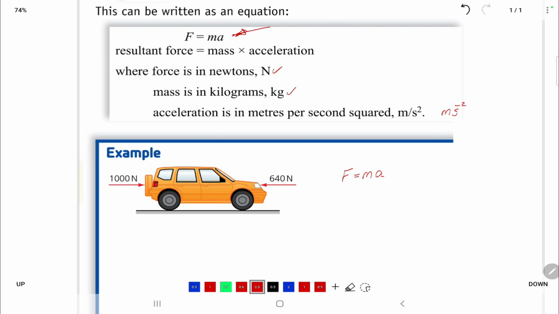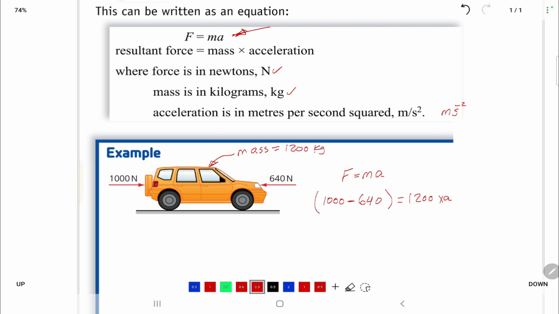So the resultant is 1000 minus 640. The mass of the car is given, equal to 1200 kg. So the mass here is 1200 kg multiplied by a.